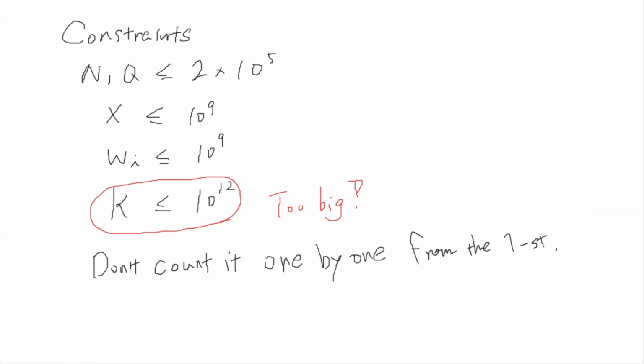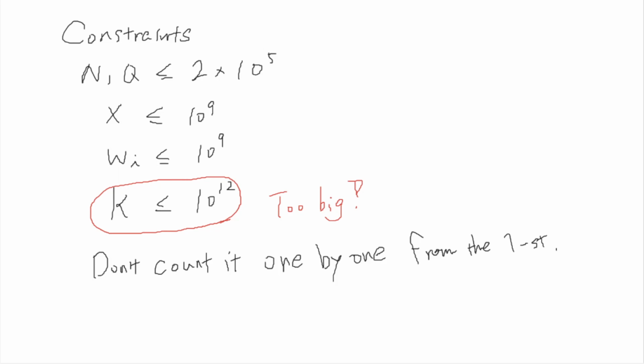So let's check the constraints. N is the number of the period of potatoes, and Q is the number of queries.